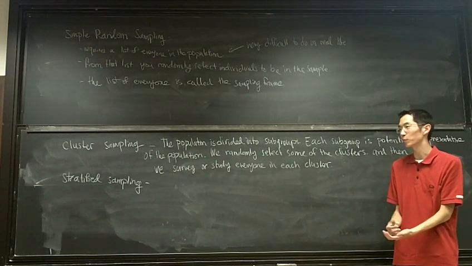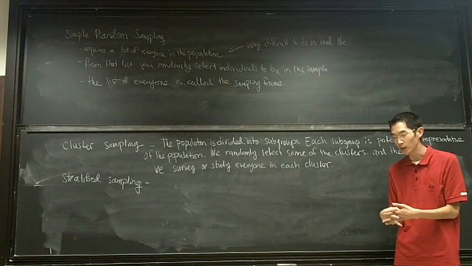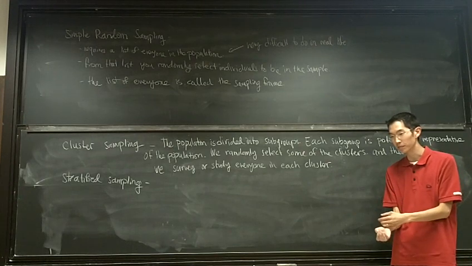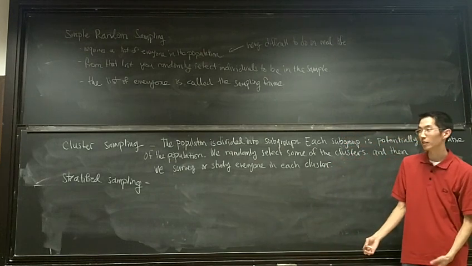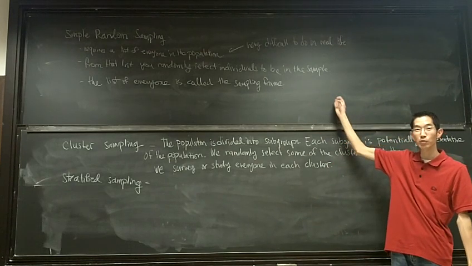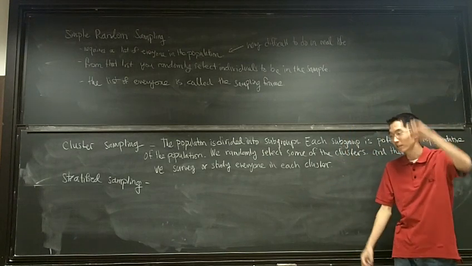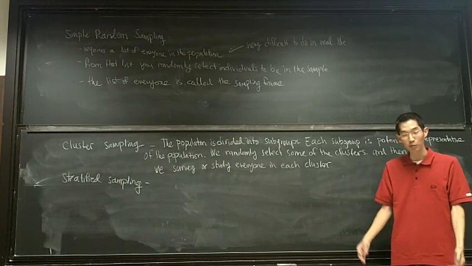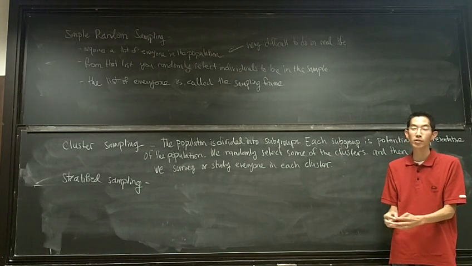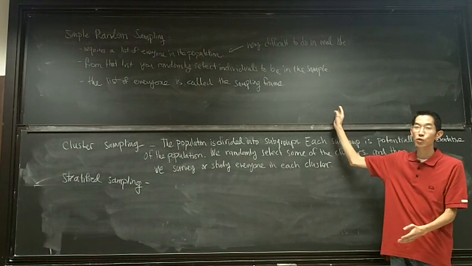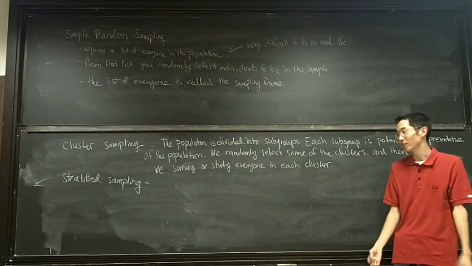Or another example would be maybe you wanted to do a study of all people who attend a Catholic church in Los Angeles County or something like that. So if you wanted to do simple random sampling, it would require you to get a list of everyone who attends a Catholic church, which would be very difficult to do. Cluster sampling instead would say, don't try to get a list of every individual, but just try to get a list of all the Catholic churches in LA.